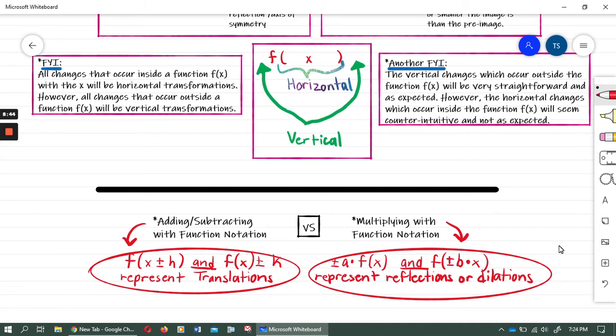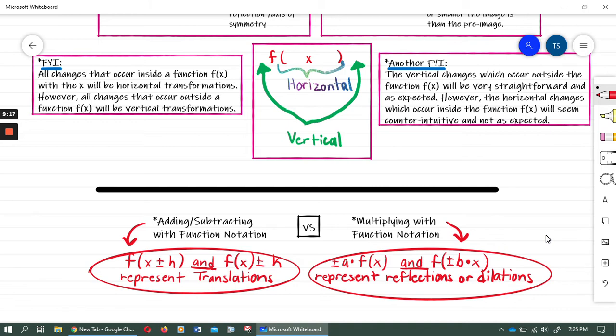Remember, not only are there vertical dilations, there are also horizontal dilations, and on top of that, the dilation can be either a stretch or enlargement, or a shrinking or reduction. So there's enough for us to go into with this.